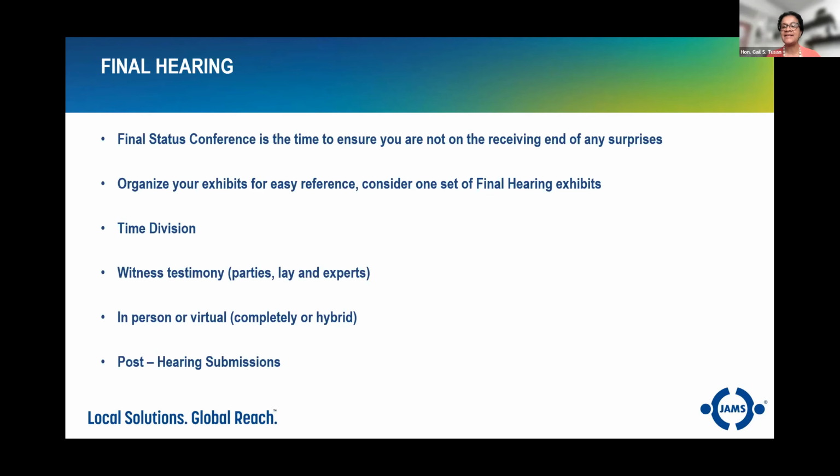Yes, I don't like surprises in my arbitrations. And so the preliminary checklist will end up with a scheduling order. As a result of the conference, all of these questions, there will be a scheduling order. The scheduling order will require parties to identify who their witnesses are going to be by a certain date.